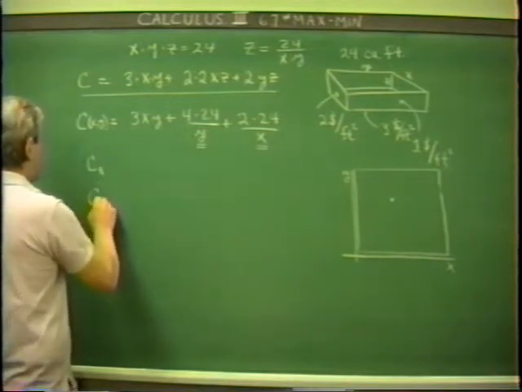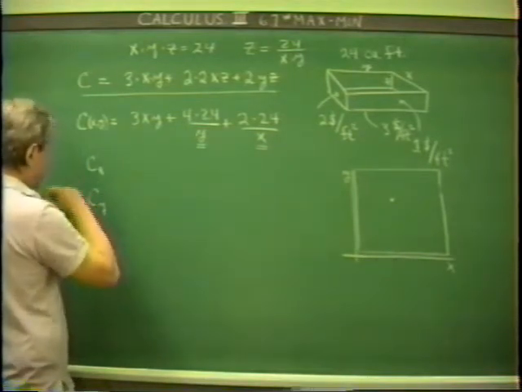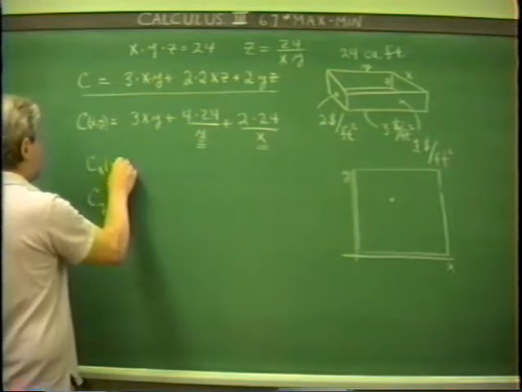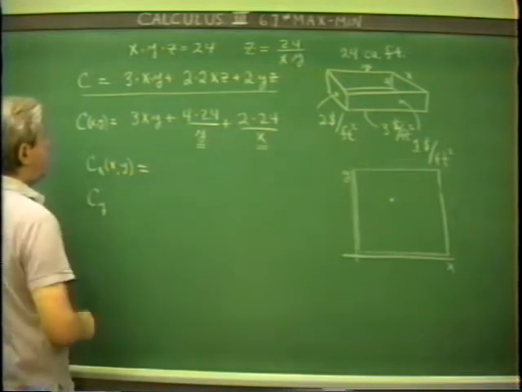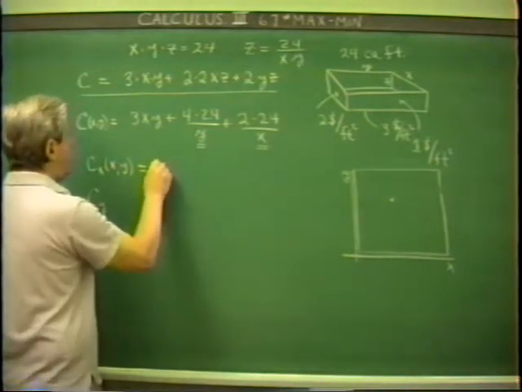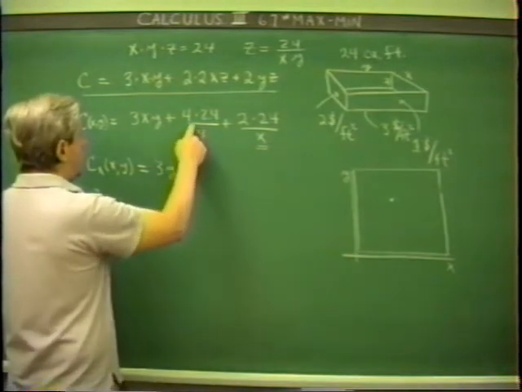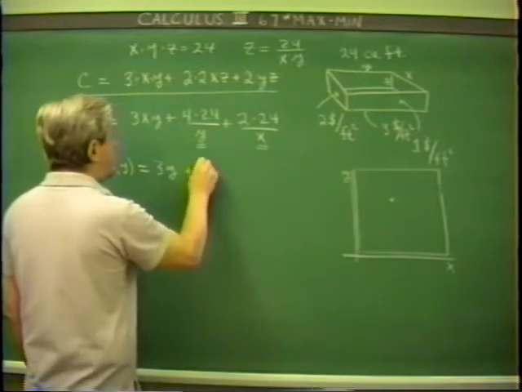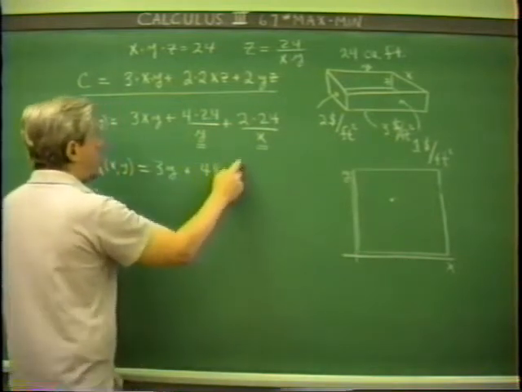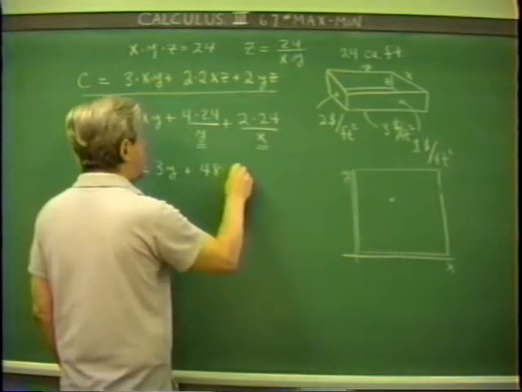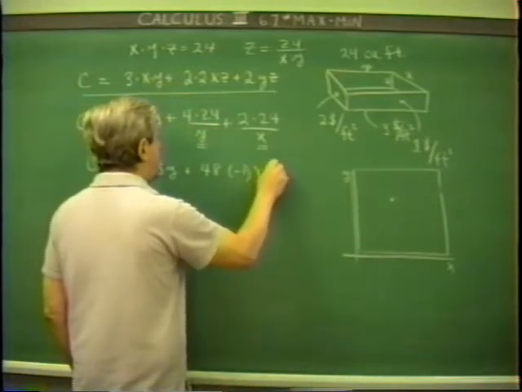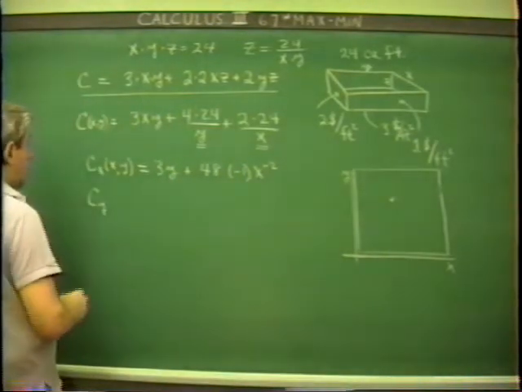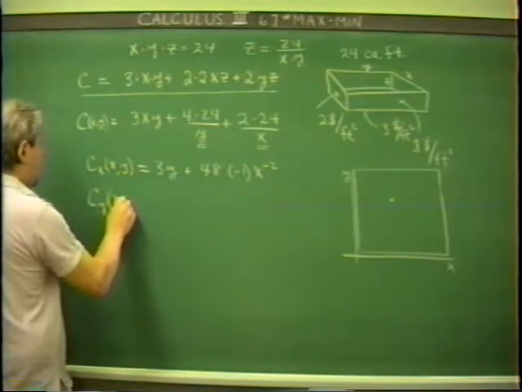Okay, at the minimum, we want to take a look at the partial derivative with respect to x to find the minimum, and the partial derivative with respect to y of this function. The partial derivative with respect to x is equal to 3y, right? 0 for this, plus 48, and then this is x to the minus 1, so it's going to be times minus 1, x to the minus 2.